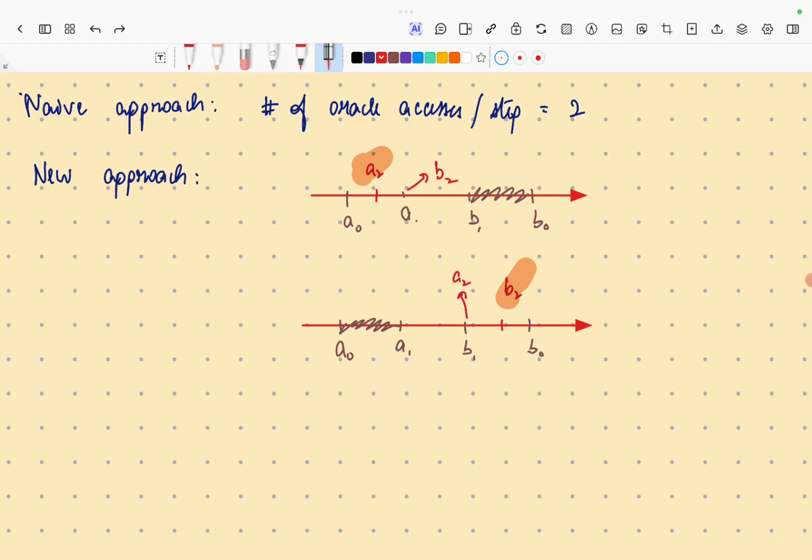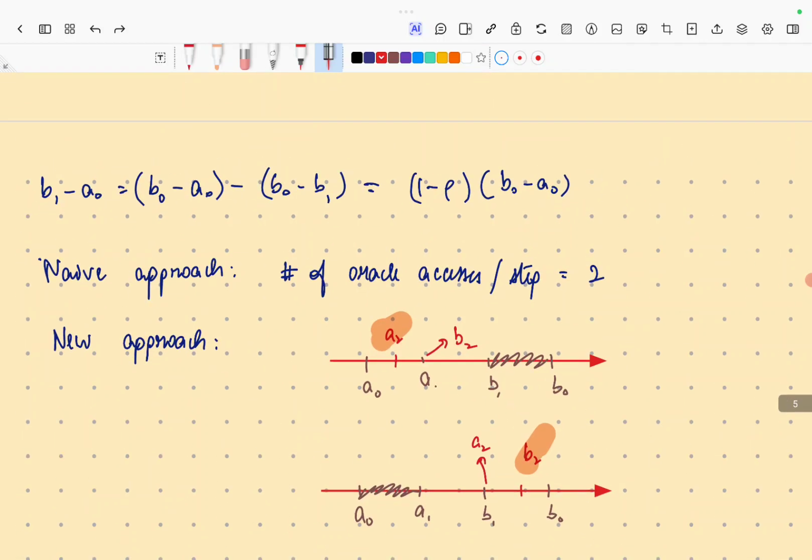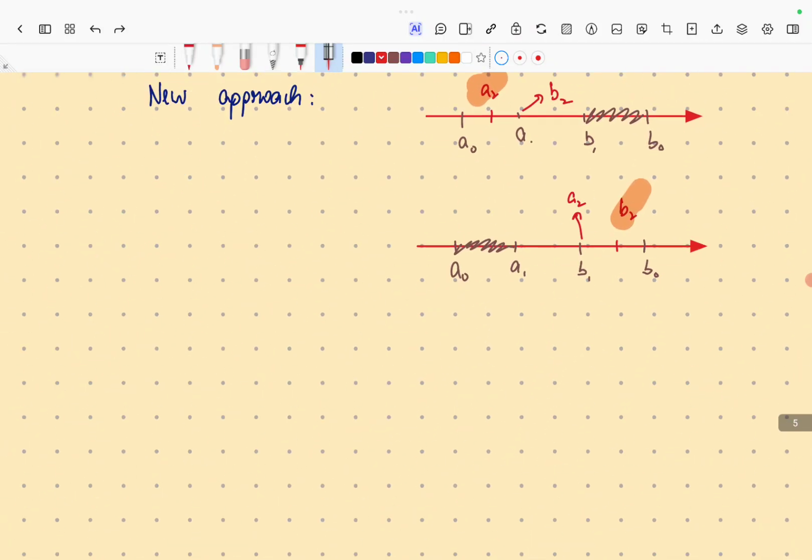Okay, so for what values of rho can I actually do this? This is possible only for a certain value of rho, not for all values of rho. So what are the conditions on rho? Of course I want rho to be less than half.